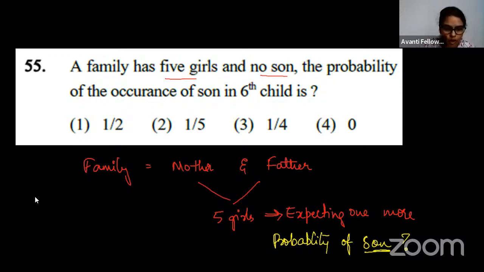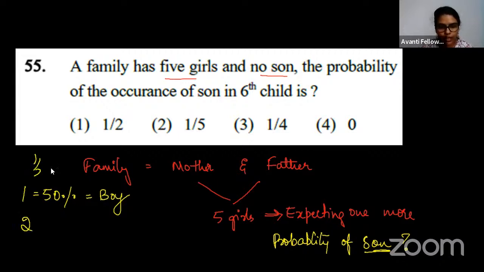Here 1 suggests what? I will write here 50% is boy. Now, what does 2 indicate? In 1 by 2, what does this 2 indicate? 2 indicates male and female.